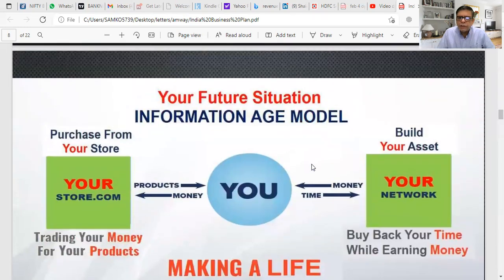Now, in the information age model, like Uber, Facebook, Amazon, we help you create, we will give you a store which will provide the products to you and your customers. So you are the owner of the store. And second, we help you through education, training, coaching and mentorship to build a network. And the network will be your asset.